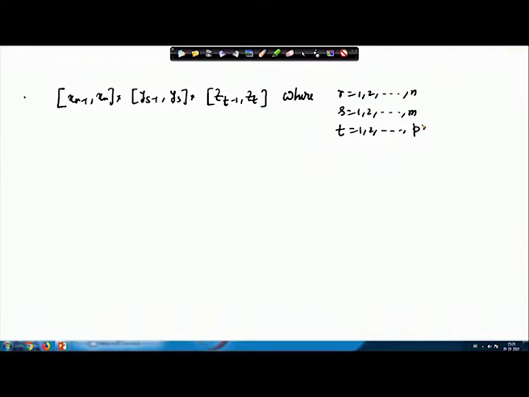Now, we write let WRST equals to xr minus xr minus 1 times ys minus ys minus 1 times zt minus zt minus 1, which is the volume of this rectangular parallelepiped.